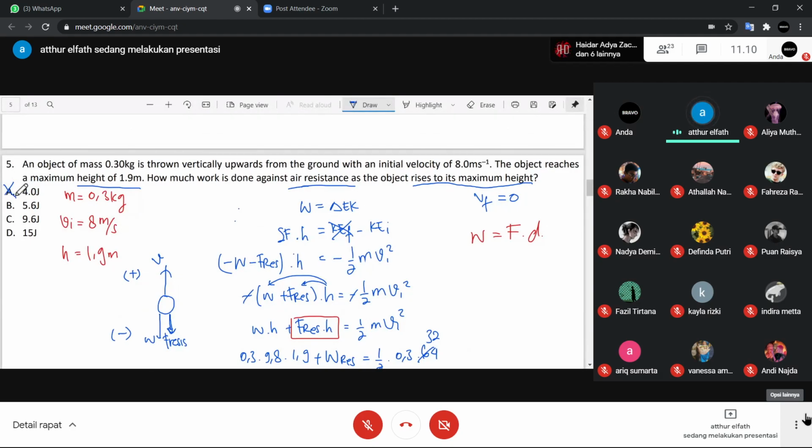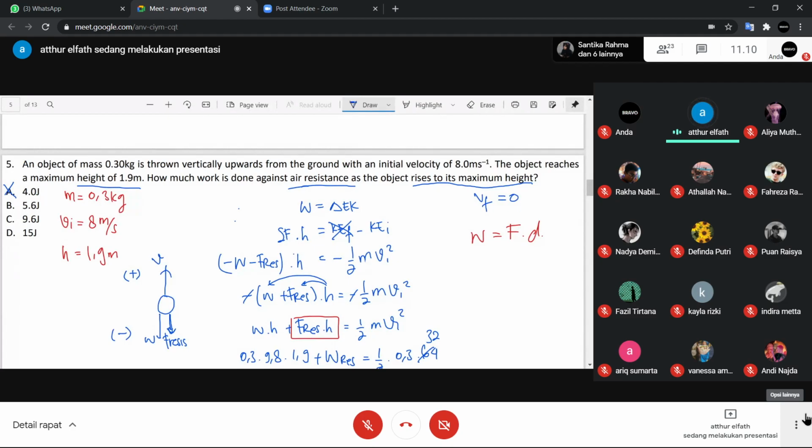So that's all about number 5. You have to analyze first what information is told by these questions, and then write the information that you know from the questions.